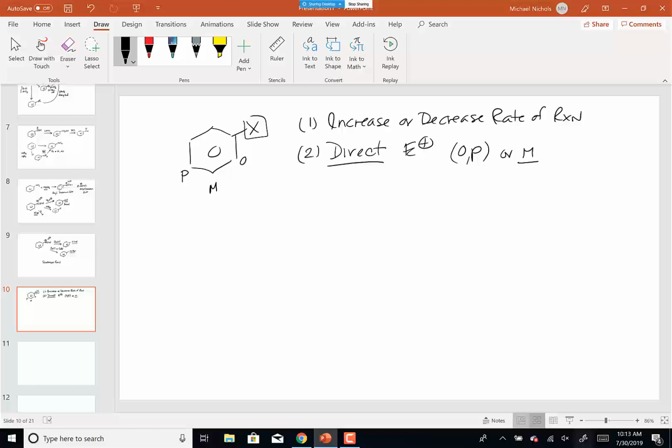And so then what we do is we need to come up with a list of these groups. And it turns out that the same list we come up with for reactivities, we can modify in order to tell us whether the group's going to add ortho, para, or meta.